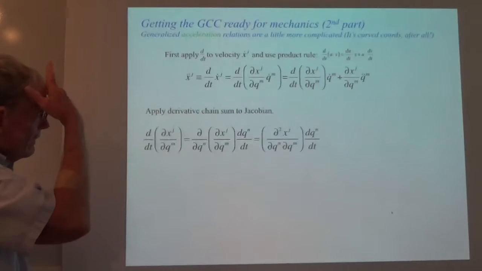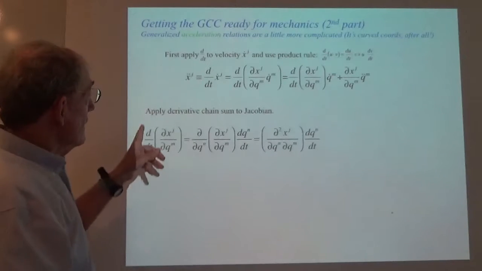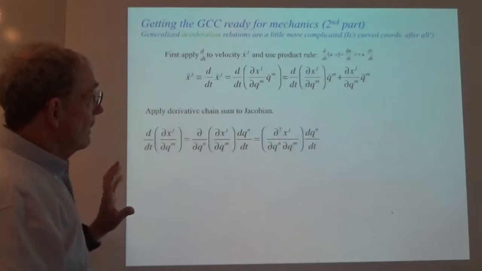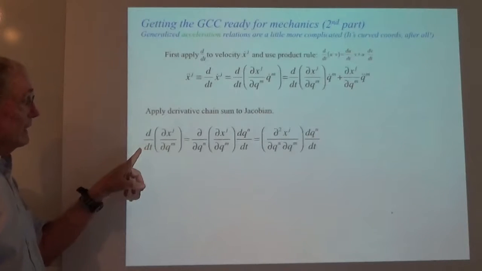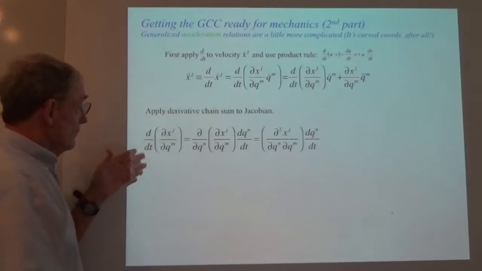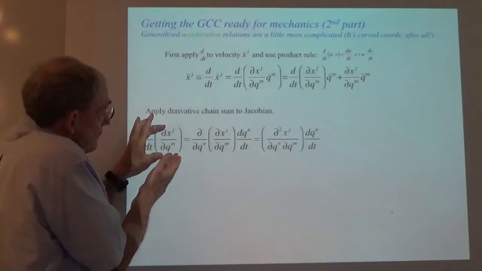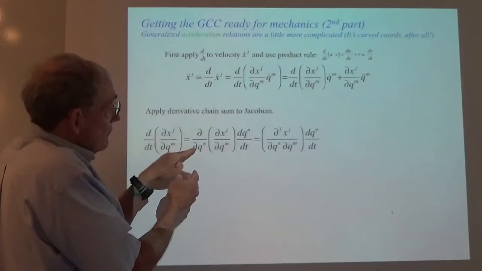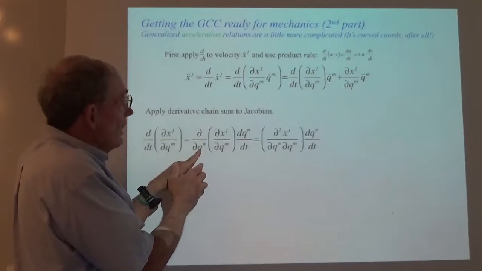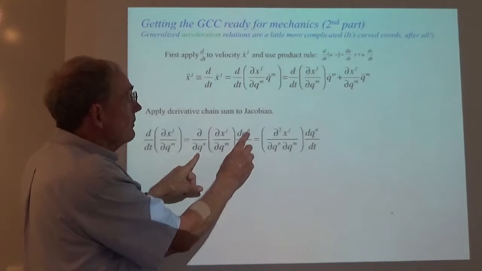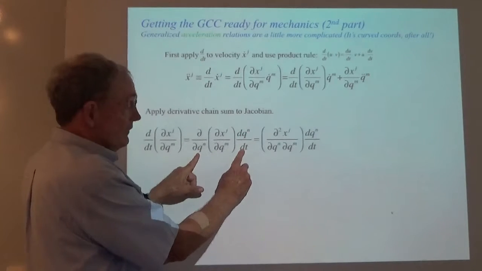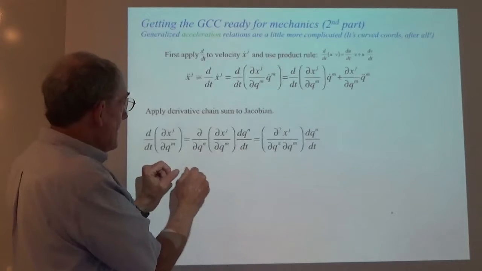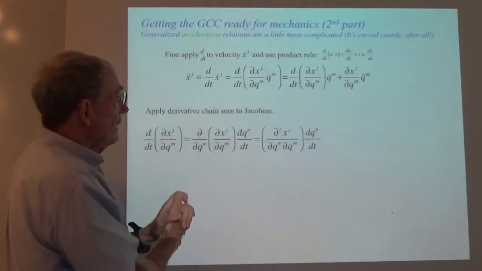If I apply the chain rule to this Jacobian, that is, I say to it, okay, this thing's a function of coordinates, so I'm going to take a partial derivative with respect to the coordinates. That means I have to sum over this thing times dqn dt. Okay? And this thing right here has to have that done to it.